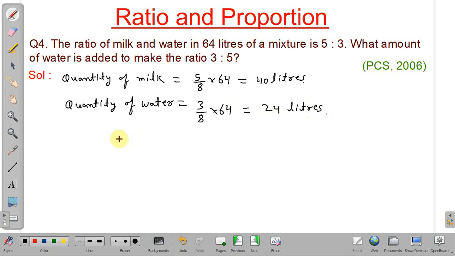Okay, now we have to find the amount of water to be added to make the ratio 3 is to 5. So we will assume some amount of water, let x liters be the required amount of water.